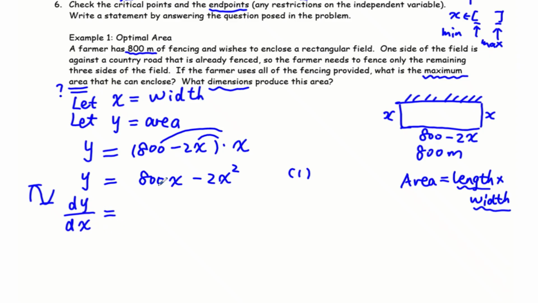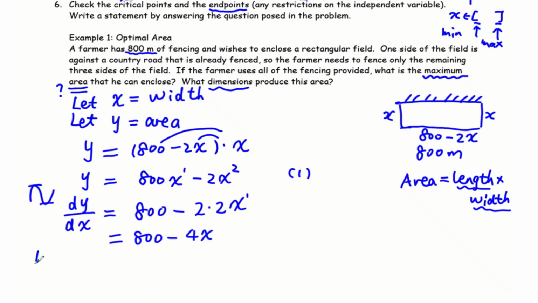So dy over dx: for this one, x, 1 minus 1 is 0, so this is 1 times x to the exponent 0, which is 1. So we have 800 left. Then for this one, the degree comes to the front, then degree minus 1, so it's 800 minus 4x.